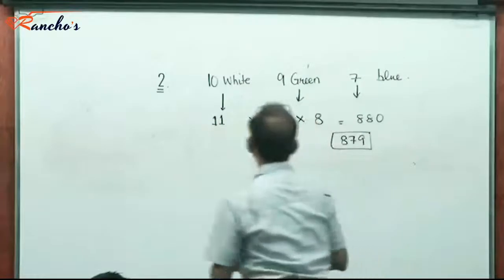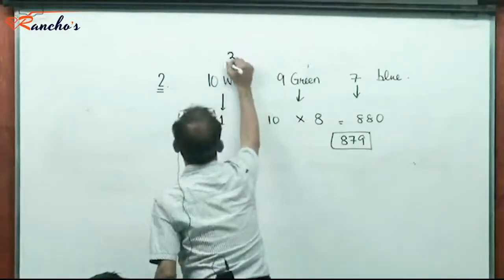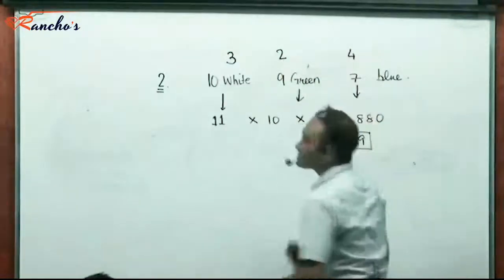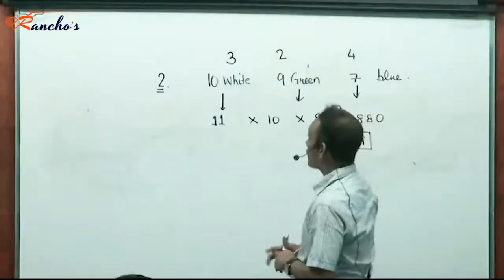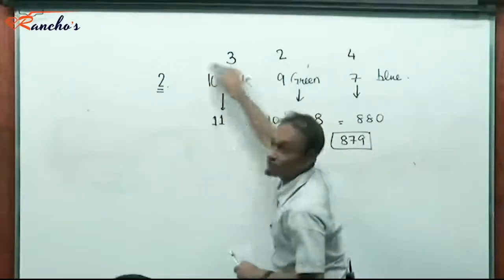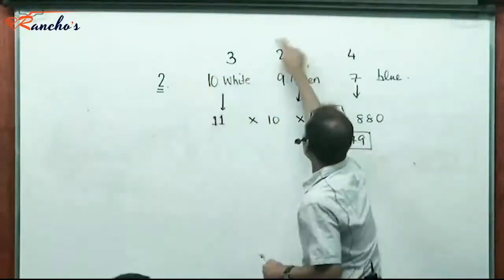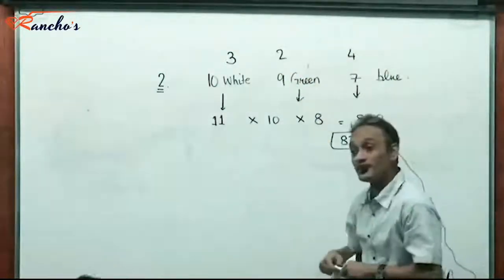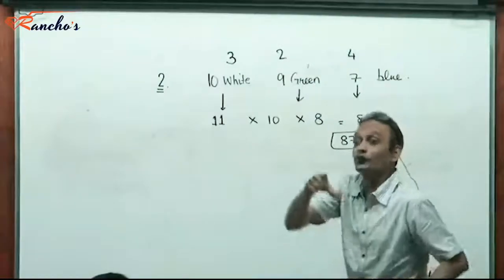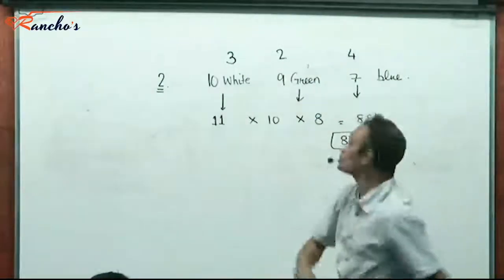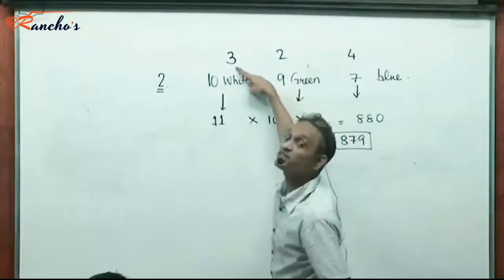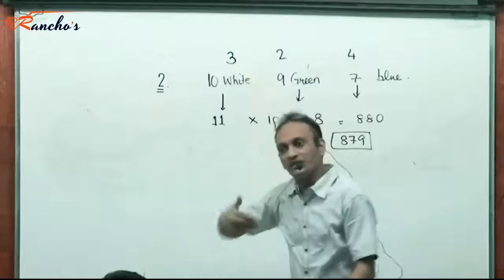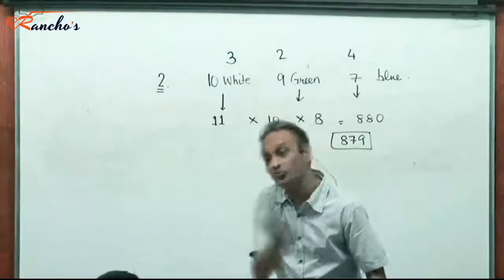See, I could have had 3 white balls, 2 green balls, and 4 blue balls selected, where this 3 could be any 3 from the 10 white. This 2 could be any 2 from the 9 green. This 4 could be any 4 from the 7. But when you do that 26C2, then that distinguishes between the 3 specific that you have selected. But the 3 specific that you have selected is the same in this case because they are identical balls.